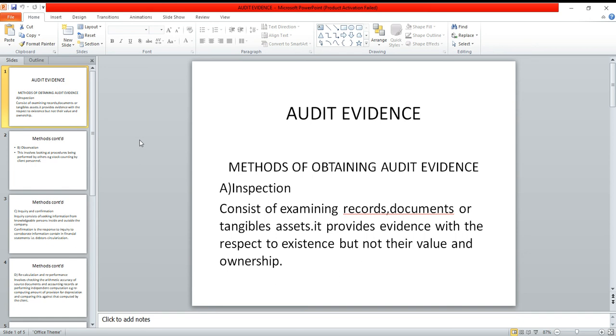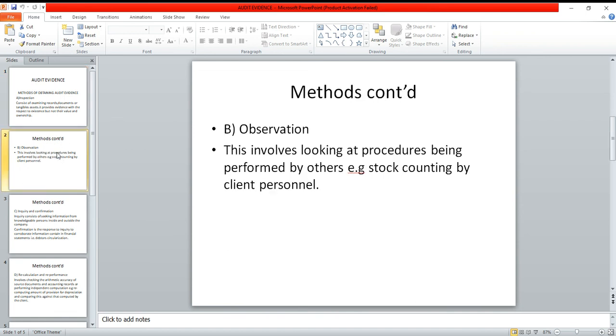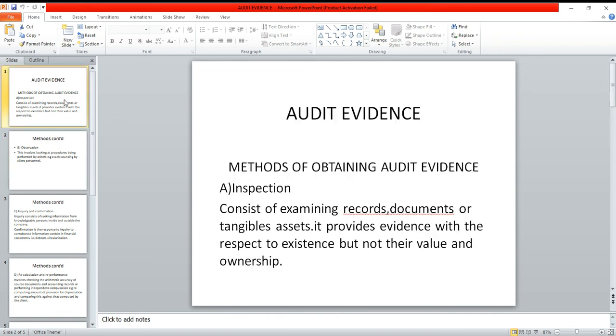And so the auditor is given an obligation to ascertain those sources of information on which his opinion will be based.